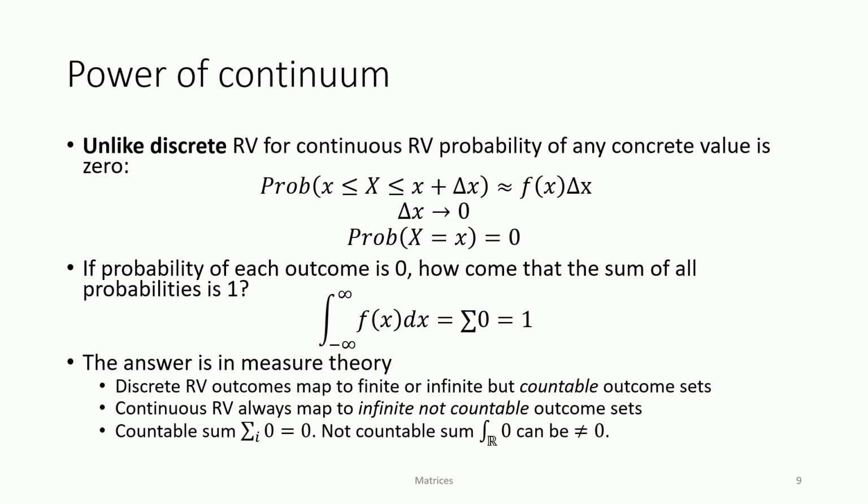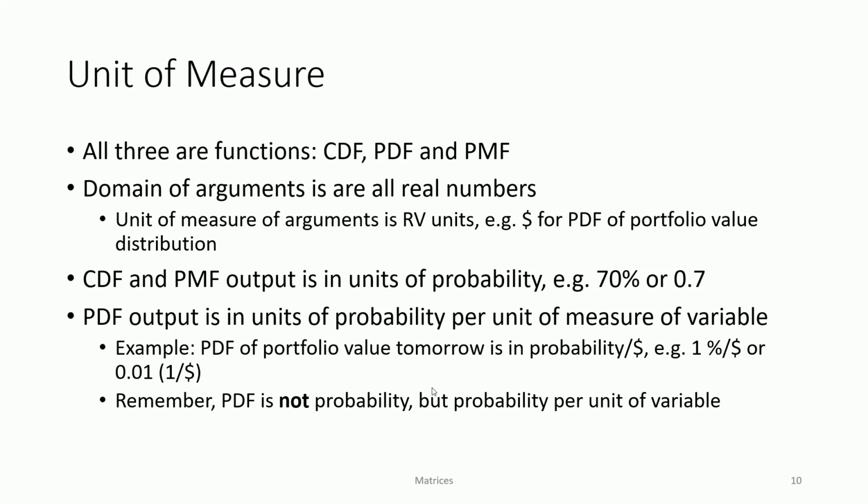So with countable sets like integers and distributions such as Poisson or any discrete distribution, the sum of zeros will always be equal to zero. But with non-countable sets such as random variables of the normal distribution, the sum of zeros does not necessarily add up to zero. It can be greater than zero or lesser.